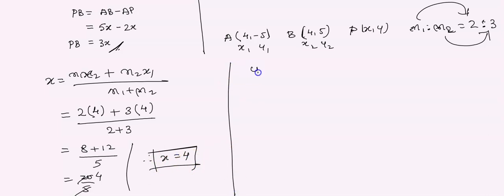Now we need y. To find y, what is the section formula? m1 y2 plus m2 y1 by m1 plus m2.